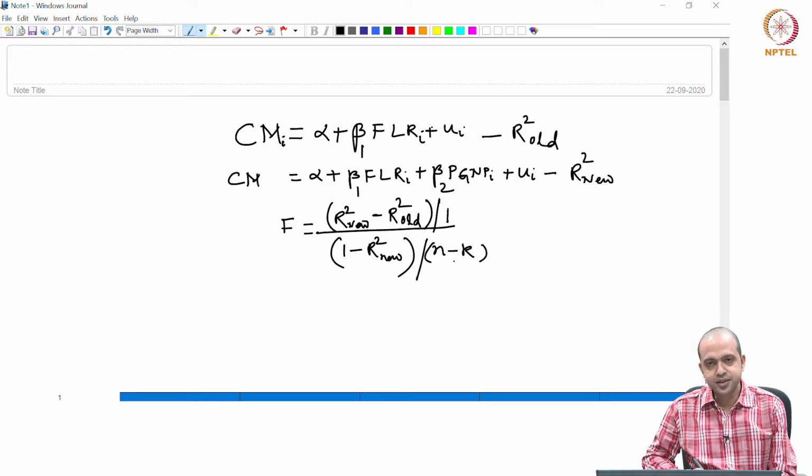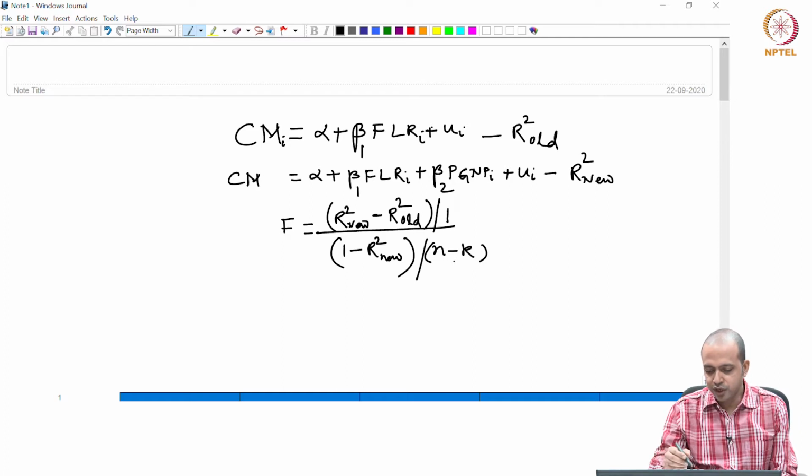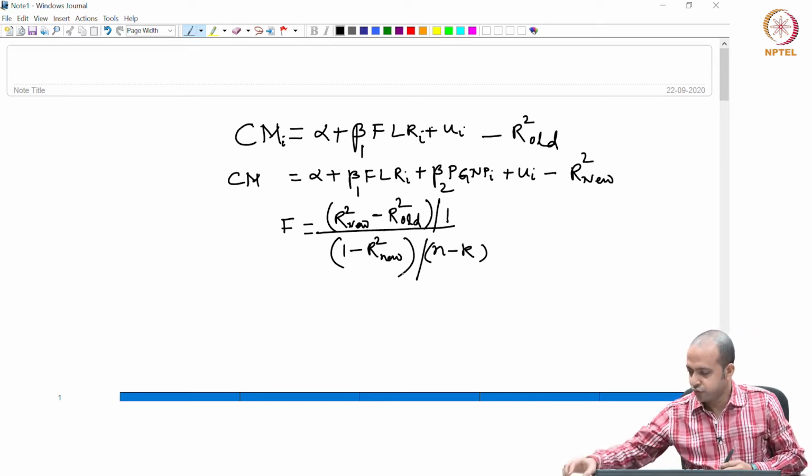Now, we will estimate the model and put the values of R square new, R square old, n and k in this function, then we will get the calculated value of F.